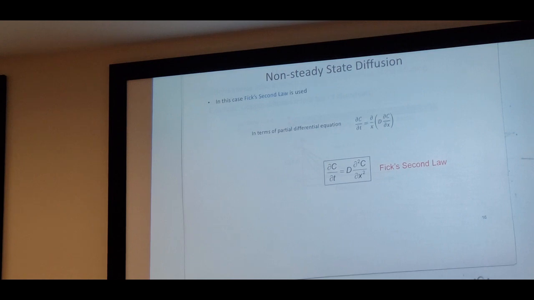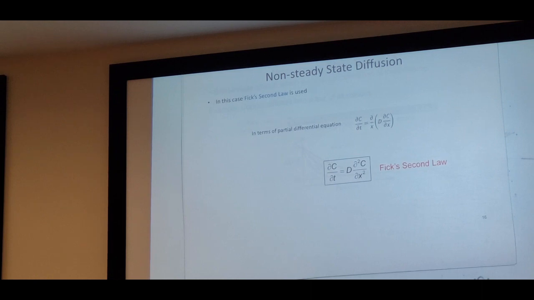If you consider a point somewhere here, in 5 minutes, maybe you assume that 1,000 atoms diffuse through this point. What happens in 10 minutes? Maybe it is going to be 2,000 atoms or 3,000, I'm just putting some numbers, diffusing through that point.